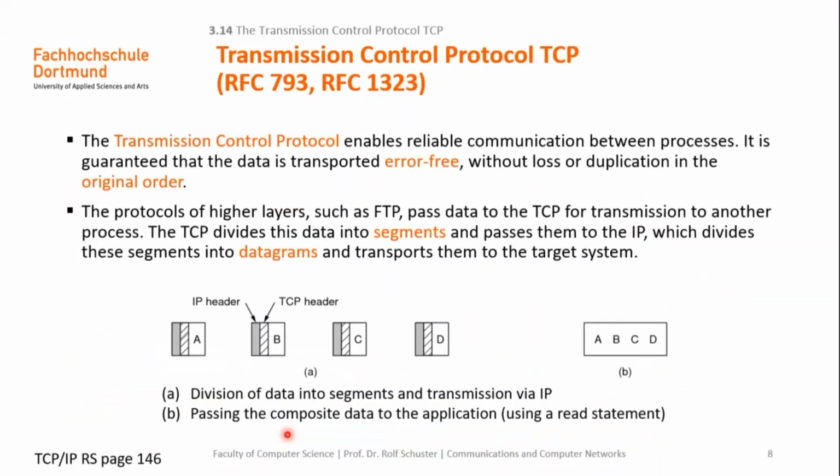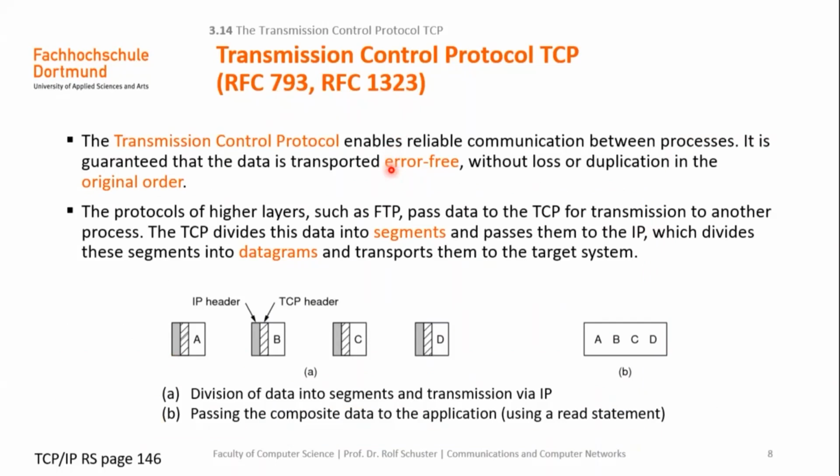The Transmission Control Protocol, TCP, was defined in RFCs 793 and 1323. But in fact, the TCP protocol enables reliable communication between end-to-end processes.